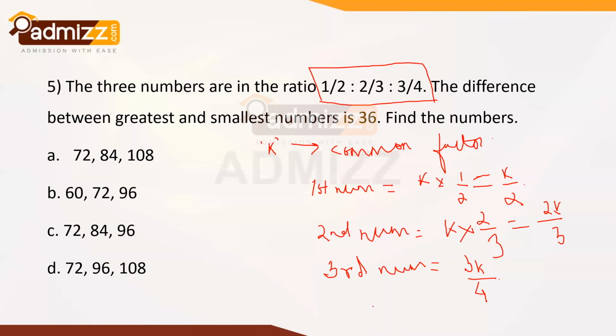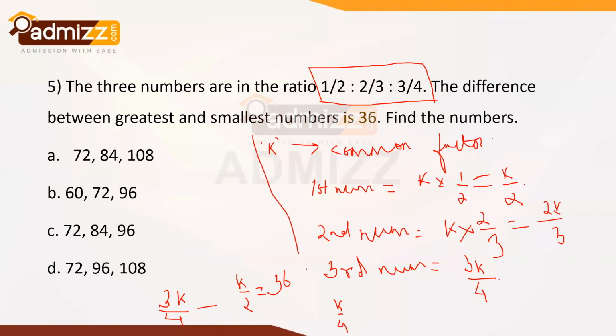With that said, we'll solve for their difference, which is given in the problem: 3k by 4 minus the smallest one, which is k by 2, is equal to 36. Subtracting these, we get k by 4.